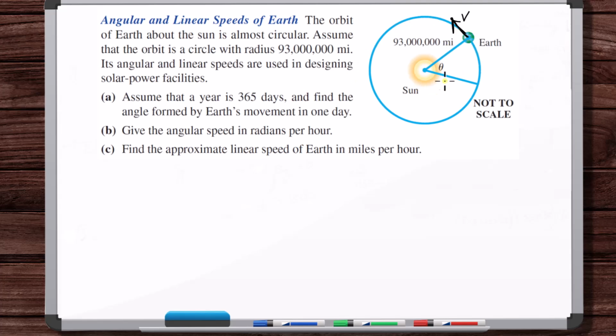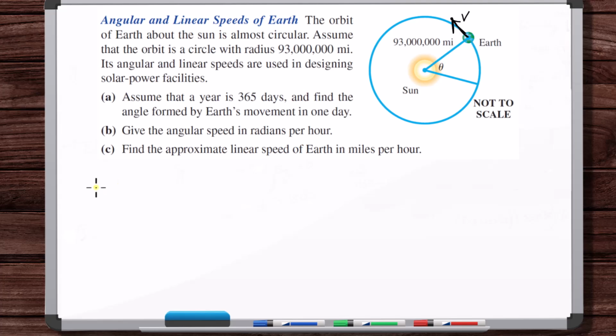We don't have to start from any particular place; it could be anywhere. Earth's at one spot, maybe here's the first spot, and 1 day later, how far has it moved in terms of angle, assuming that a full rotation is 365 days?